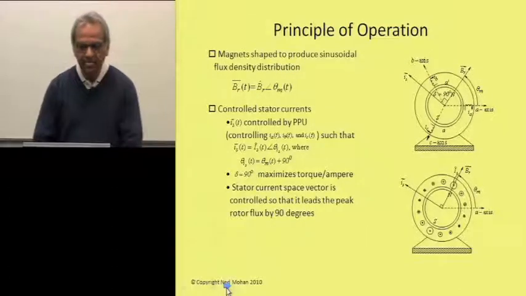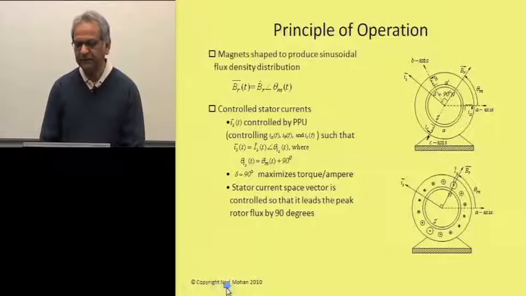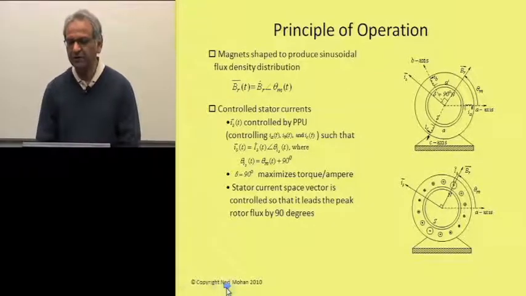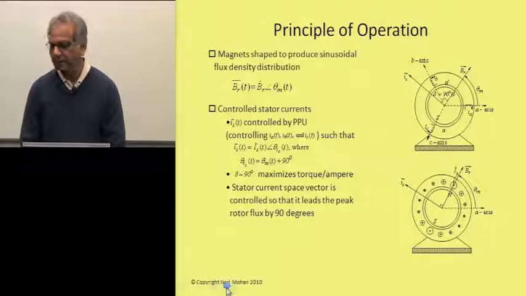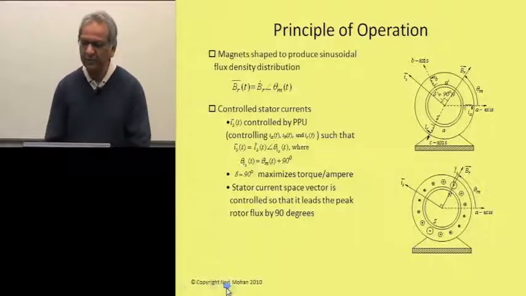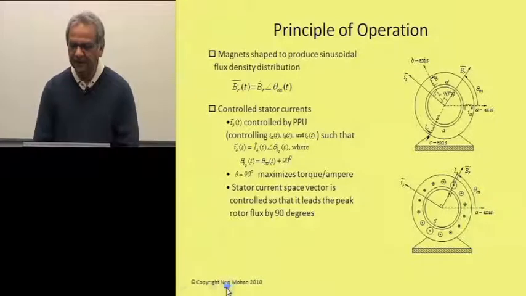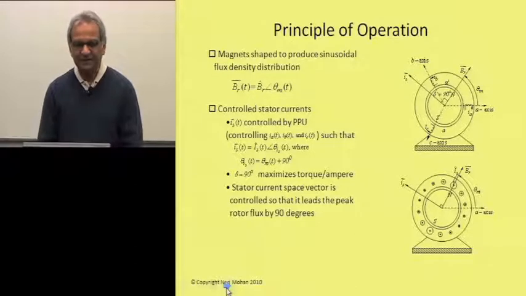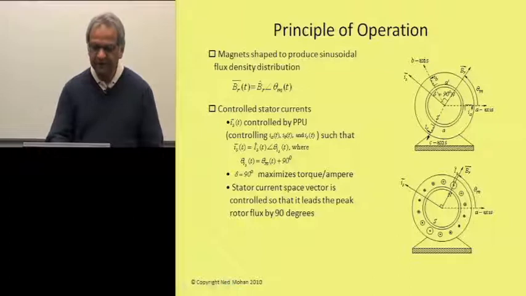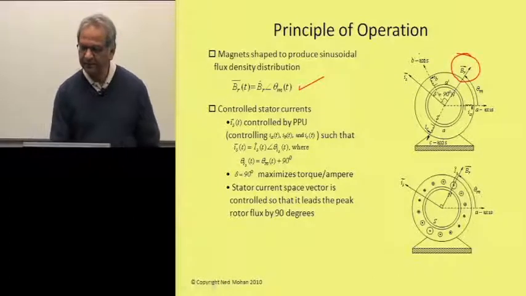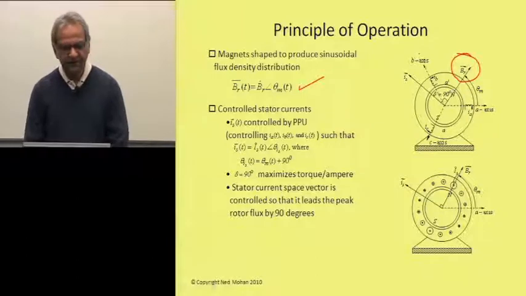So the next thing is, how do we get some torque out of this machine, whether in a motoring mode or in a generating mode? First of all, the flux density distribution produced by the permanent magnets in the rotor is represented by this equation here, and on this diagram by this space vector over here.